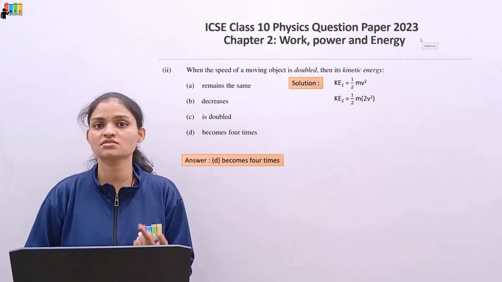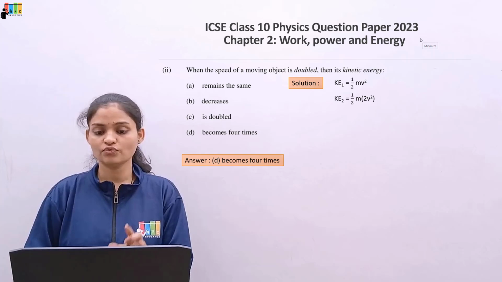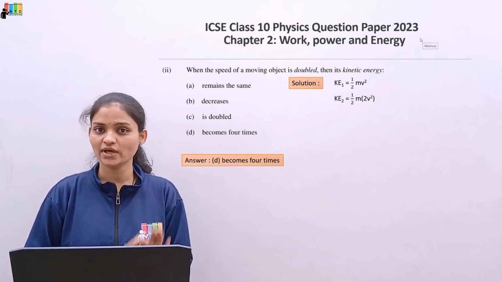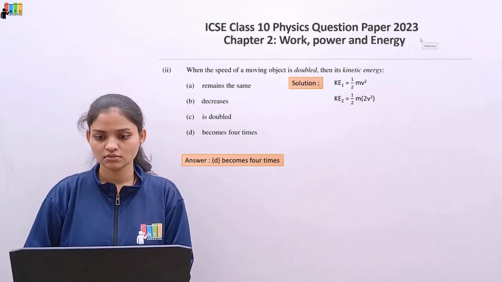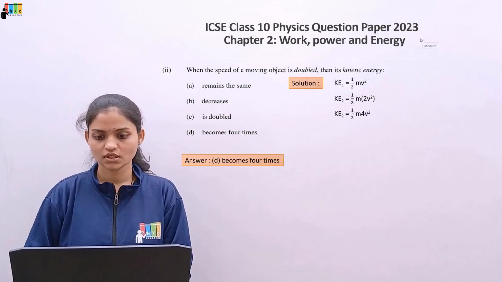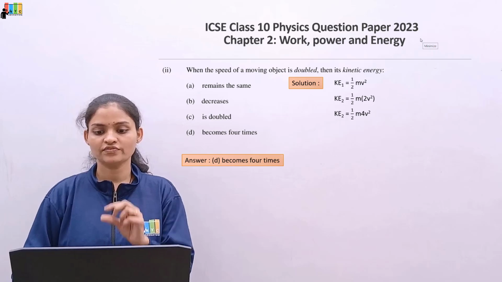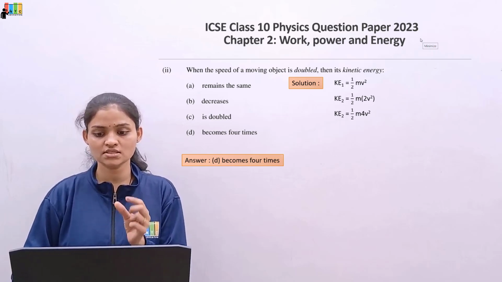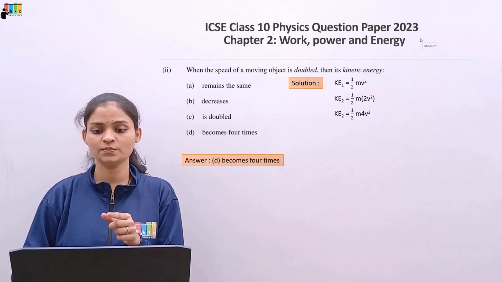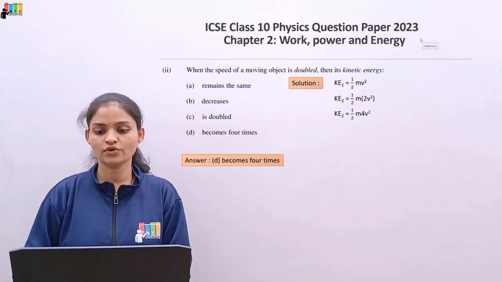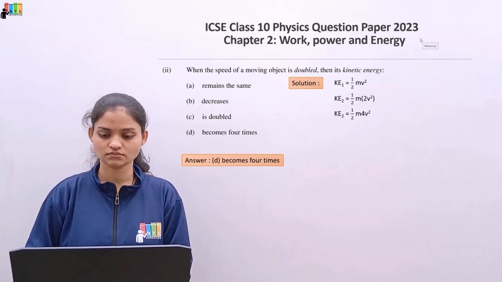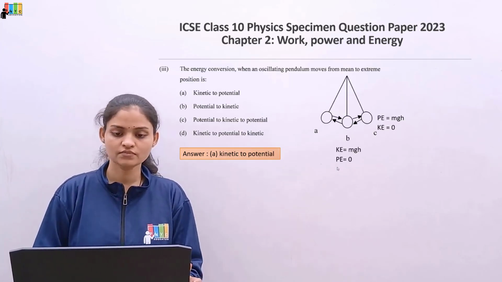So what will be the formula? 1 by 2 m (2v) square. So the value of v is doubled, so it will be 2 square, that is 4, into v square.